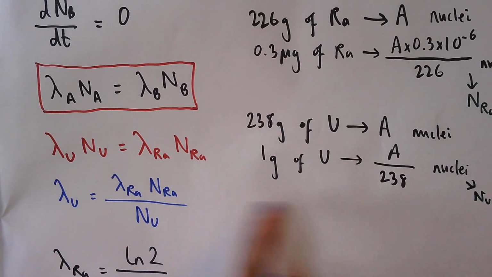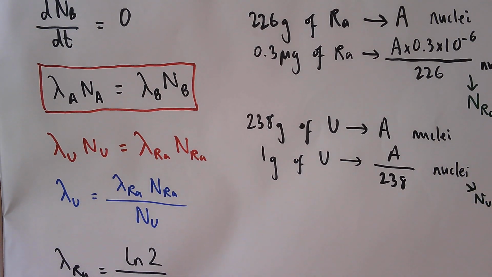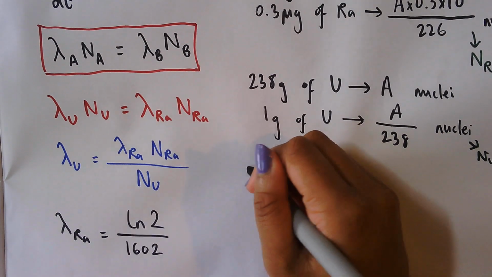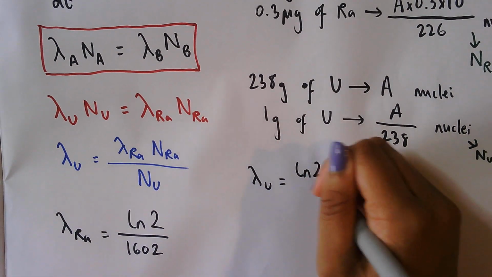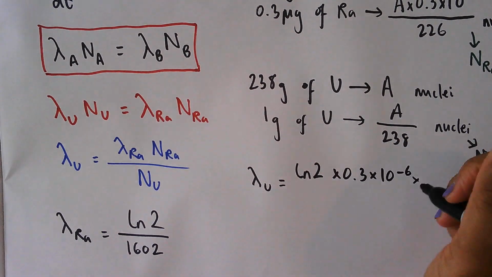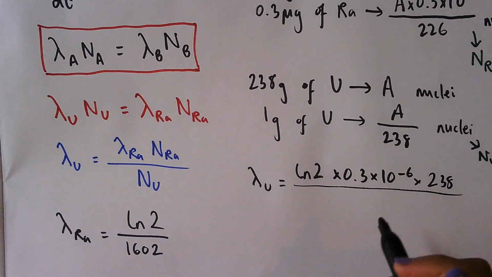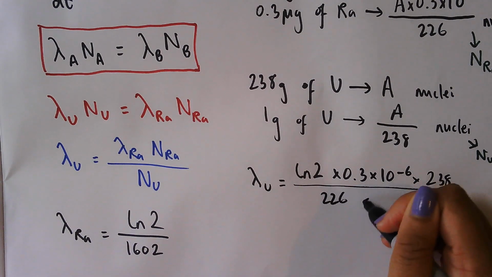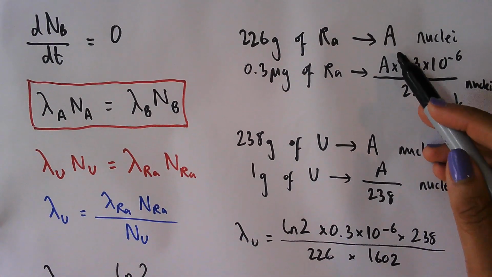So if we substitute all of those into this equation, then we get lambda U equals ln 2 times 0.3 times 10 to the power minus 6 times 238 over 226 times 1602, so the A's, the Avogadro number, actually cancel out.